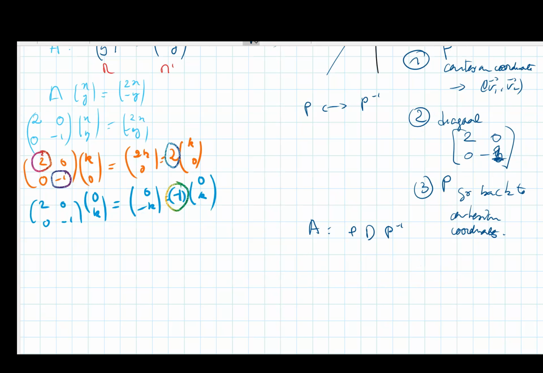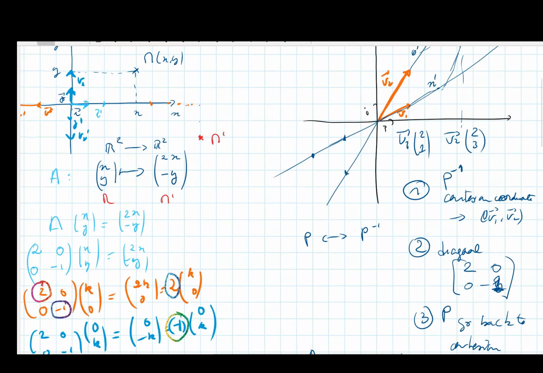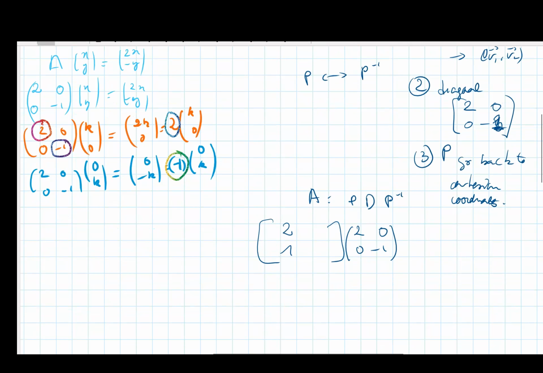And if you are wondering what this matrix actually looks like, D is going to be 2, 0, 0, negative 1. P is the passage from new coordinates to old coordinates, so the columns of this matrix are the coordinates of my vectors: v1 is the vector (2, 1), and v2 is the vector (2, 3).